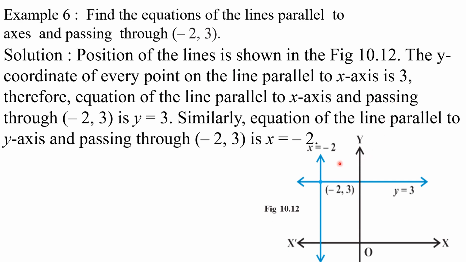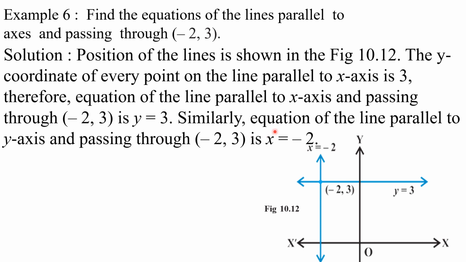Yes, as I mentioned, the ordinate of every point on the line which is parallel to the x-axis is 3. So we write, therefore, the equation of the line parallel to the x-axis and passing through the point minus 2, 3 is y is equal to 3. Understood this equation, my children?